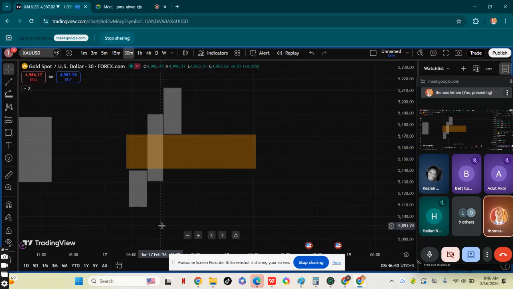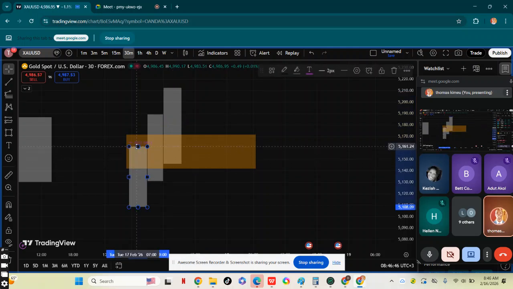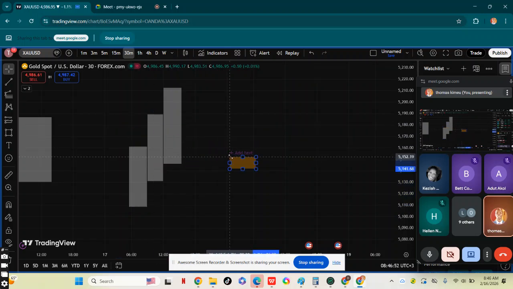I don't know if we're together. But if this candle comes and locks with this one, if they cross each other like that, there is no fair value gap in between.